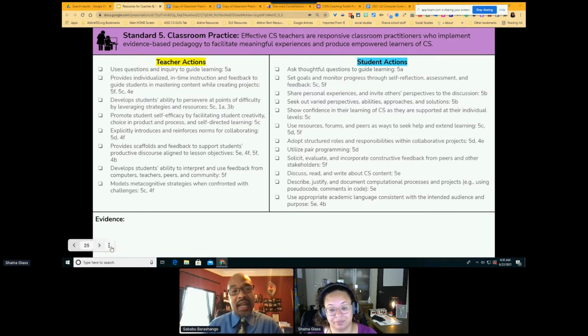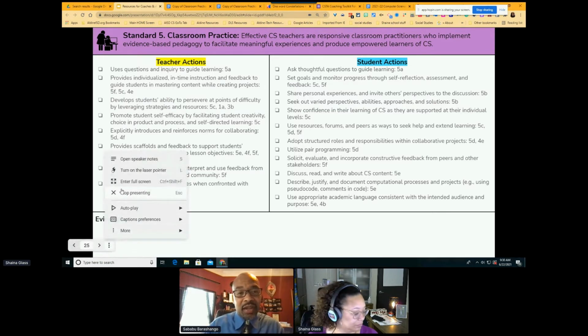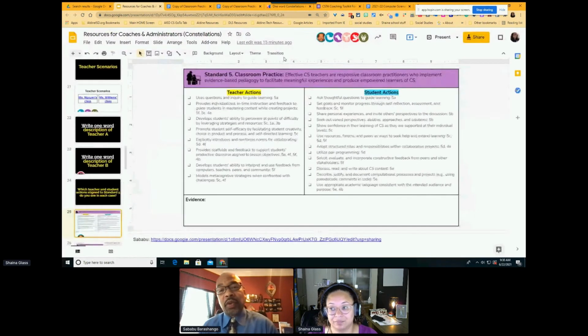So you're going to highlight the action you saw, as well as where you saw the evidence of that action, in yellow. We would also like for you to highlight the student actions. Whatever student actions you observed, highlight that in cyan, as well as the corresponding evidence in the scenarios in cyan.